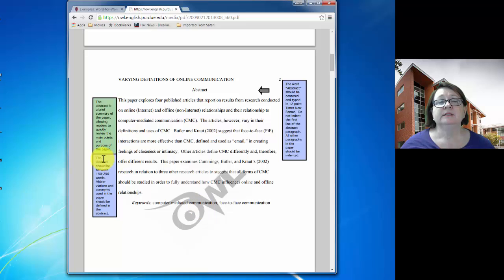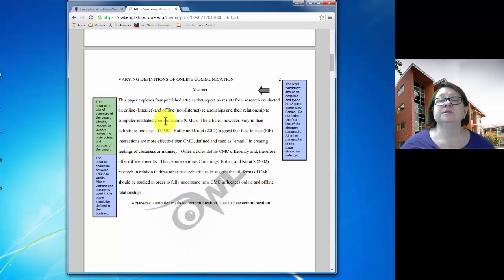Okay, it says an abstract should be between 150 to 250 words. And that's correct. So if you read these little pieces of information, you get some facts that will help you. Abbreviations and acronyms used in the paper should be defined in the abstract.